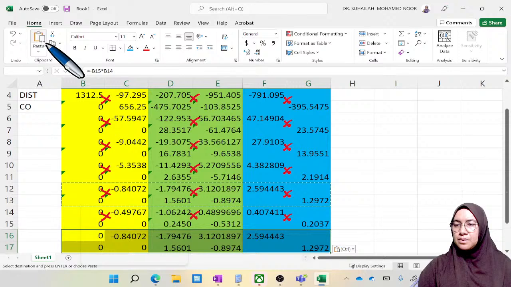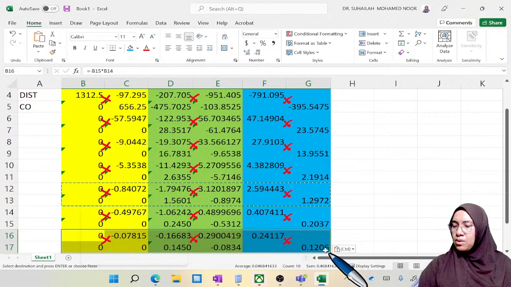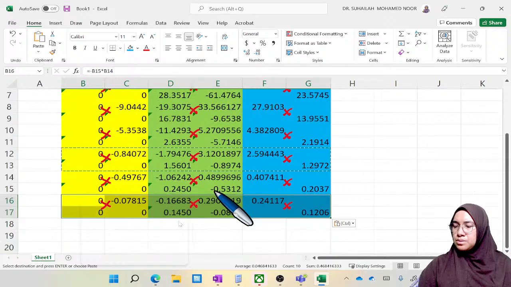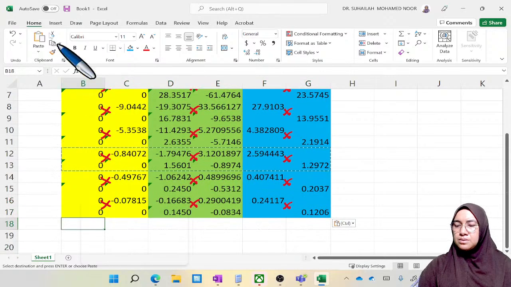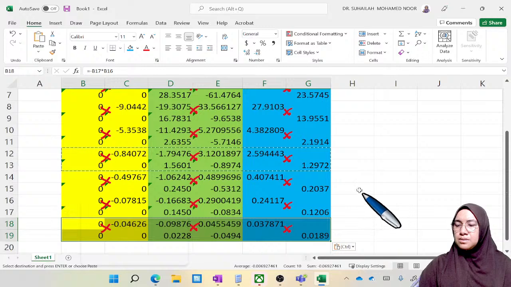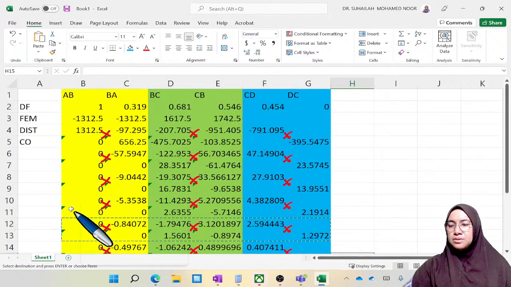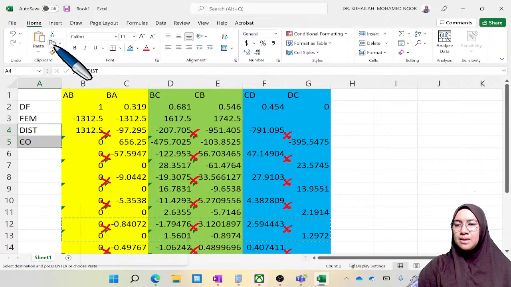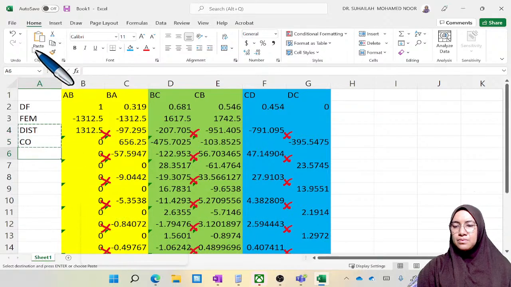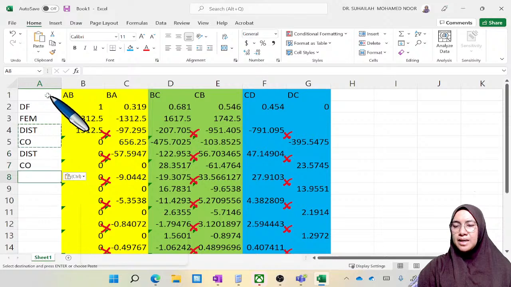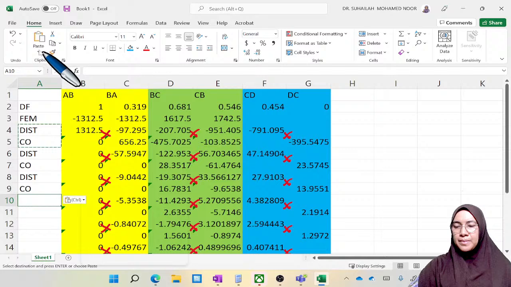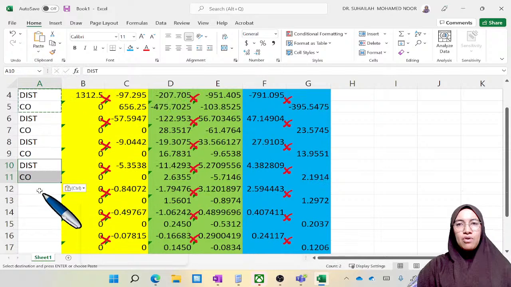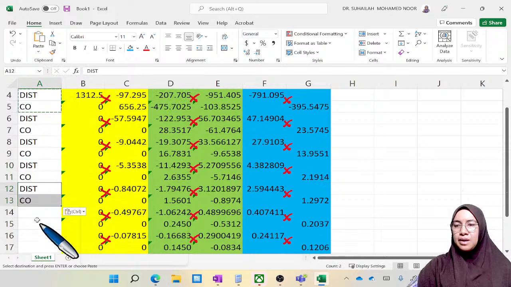Paste again, we get 0.14, 0.0. Okay, so from this table we get from Excel. This is second cycle, this is the third cycle, this is the fourth cycle, 5, 6 cycle.